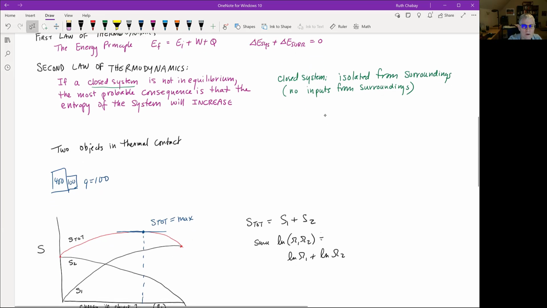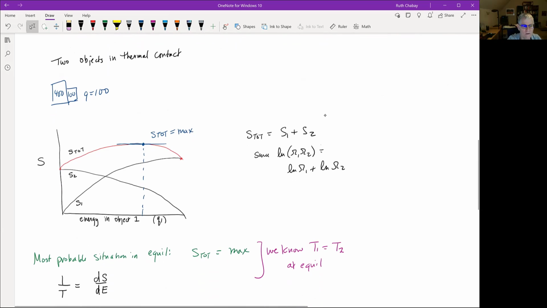We also talked about two objects in thermal contact, for example a large block and a small block, maybe with 400 oscillators in one, 100 in the other, and a total of 100 quanta to distribute.